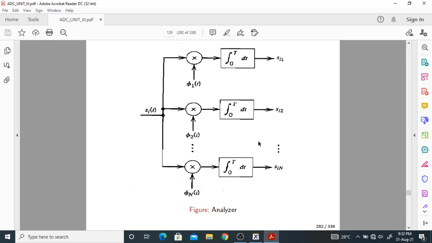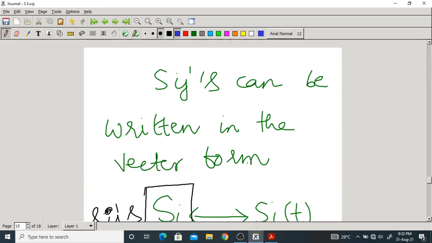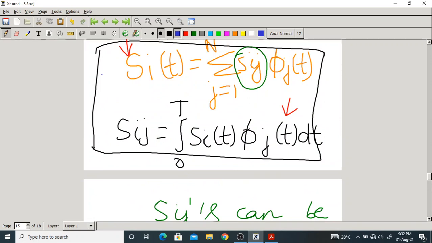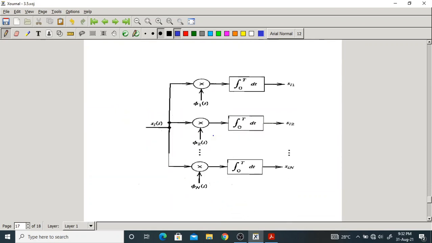Now this is the synthesizer, and this is the analyzer. So how to get Si1?